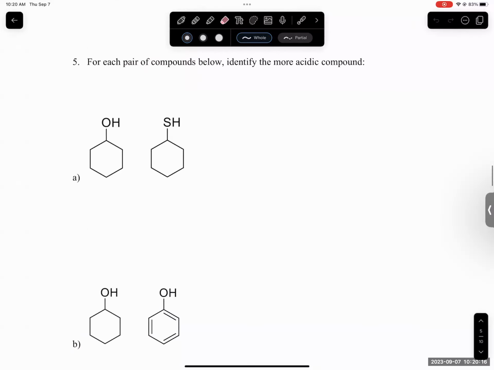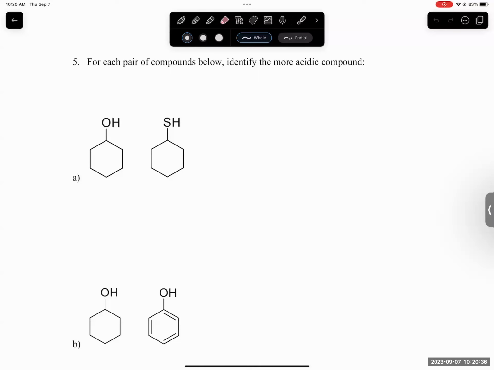So for each pair of compounds below, identify the more acidic compound. Let's start with A. They're asking us which of these acids is stronger. If someone asks you which of these acids is stronger, what do you respond with?